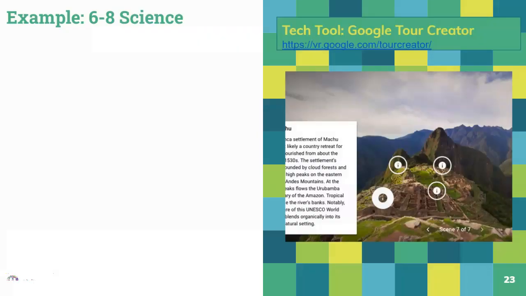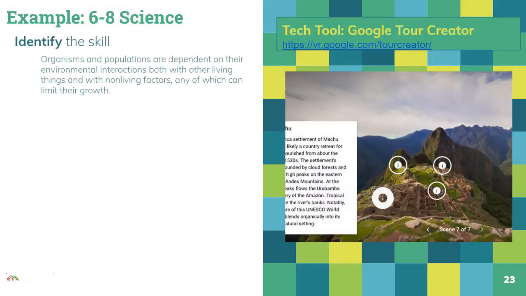Another example, and this is something I like to use quite a bit in my VR world: in 6th to 8th grade science, the skill is to identify organisms and populations that are dependent on environmental interactions, and talk about how that impacts their growth. We want students to be able to refute a claim and cite evidence.